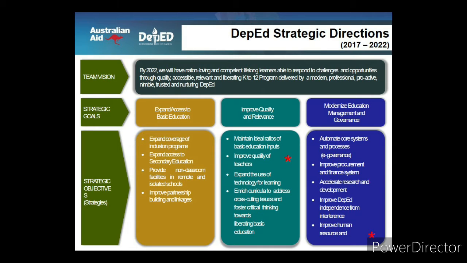And with this, we have 3 strategic goals, which are also popularly known to us as our key performance indicators, which cover the access, the quality, and the governance. So in short, we have three strategic goals, which are expand access to basic education, improve quality and relevance, and modernize education management and governance.